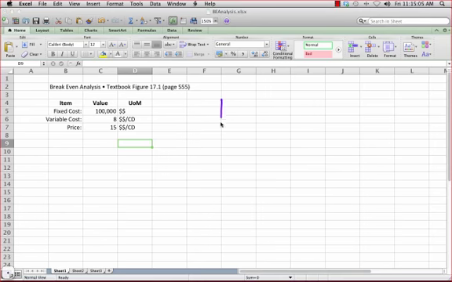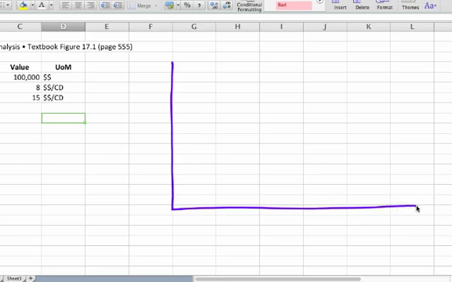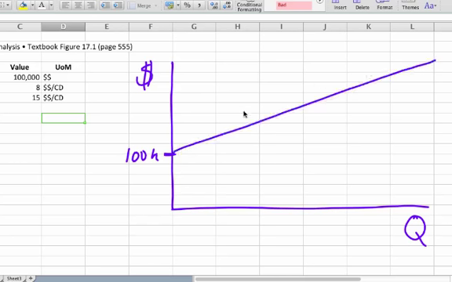Let me just illustrate what our break-even chart is going to look like. We're going to have the quantity of CDs on this axis and the dollars on this axis, and our fixed costs will start at $100,000, and we'll add the variable cost. So this is a total cost line, which is my fixed cost plus my variable cost. We started at $100,000 when we have 0 CDs, and this is going up at a rate of $8 a CD. When we sold 0 CDs, our revenues are 0.